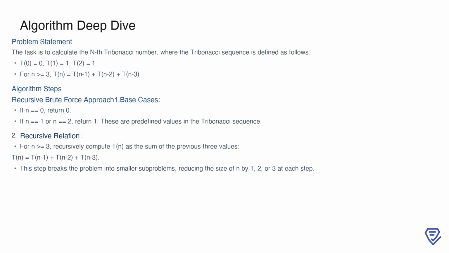The function starts at t_n, then branches out to calculate t_(n-1), t_(n-2), and t_(n-3), and so on. This branching continues until the base cases are reached. Once the base values are returned, the recursion unwinds, and the intermediate results are combined to produce the final output.